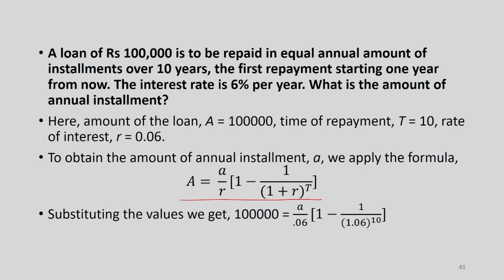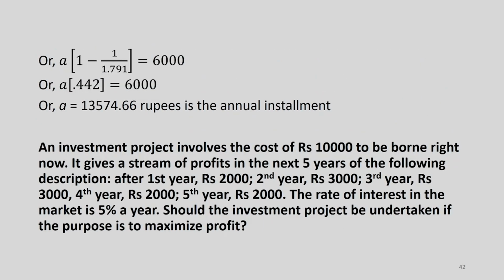And here capital A is given, it is 1 lakh, r is 6%, capital T is 10 years. So we just put those values here and we can solve for small a, and here it is coming out to be 13,574 rupees 66 paise.